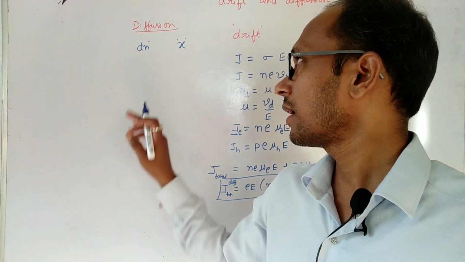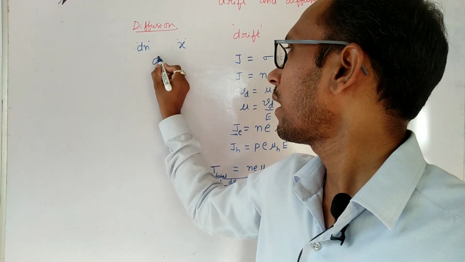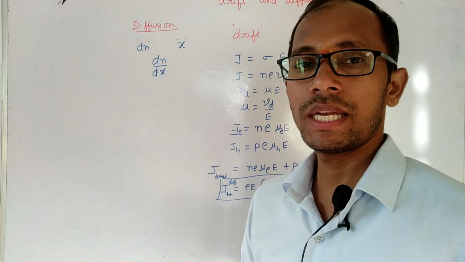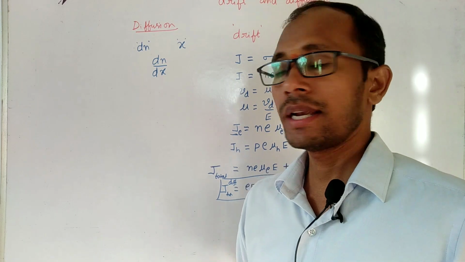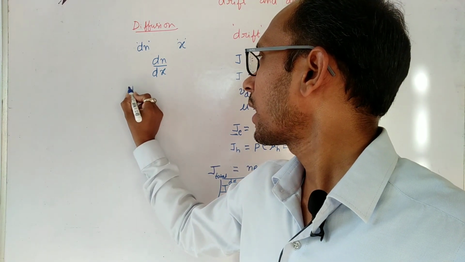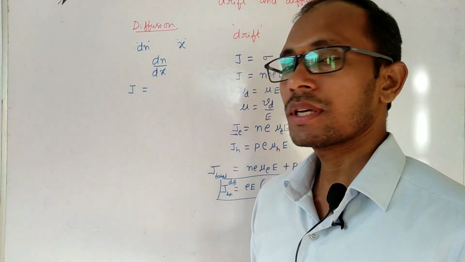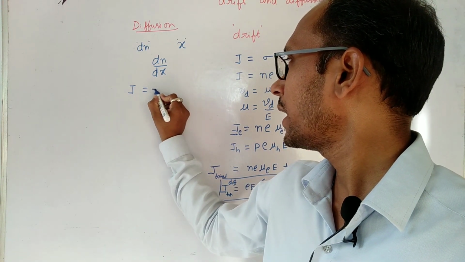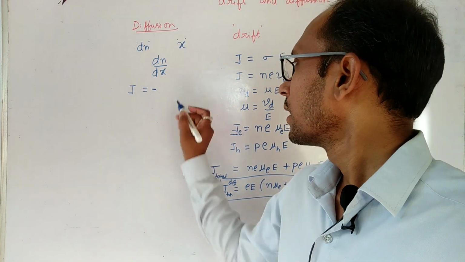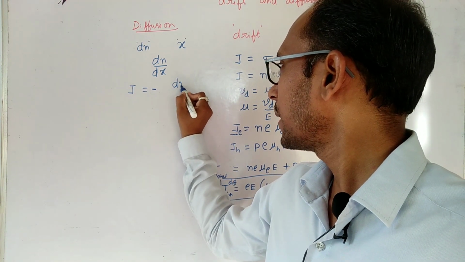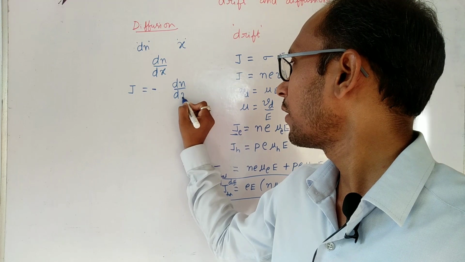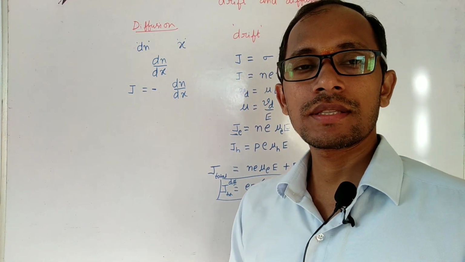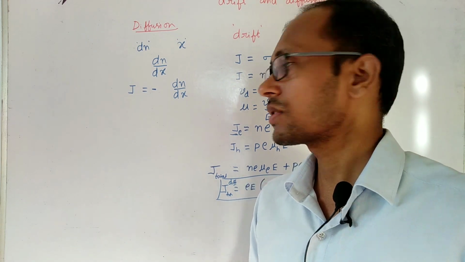Then the concentration gradient is dN by dx. Now according to Fick's law, the current density due to these charge carriers, J, is always proportional to the negative of the concentration gradient dN by dx. Negative means the direction is opposite to the direction of the concentration gradient.